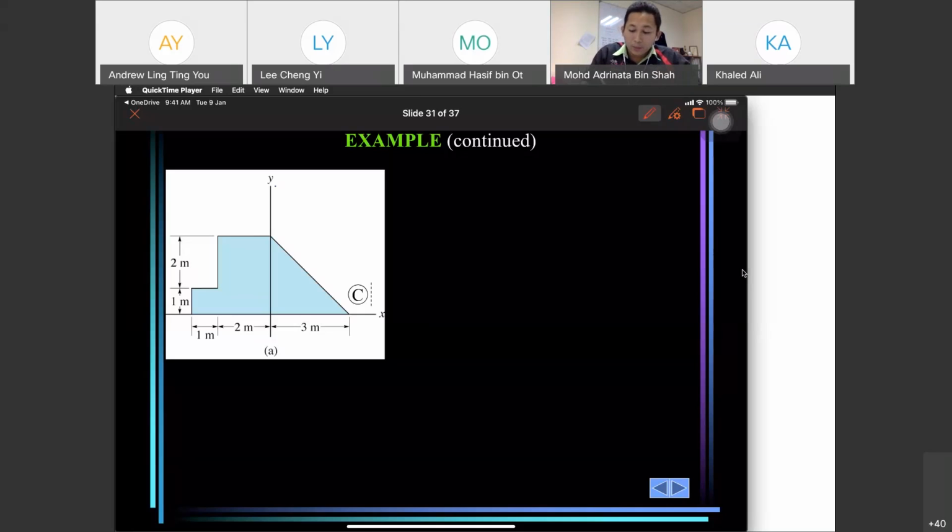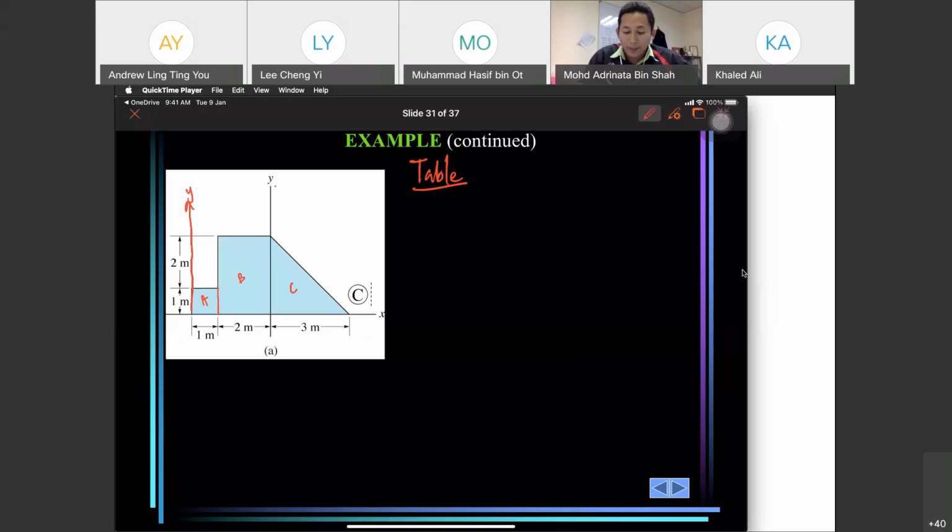Okay, now we need to make up a table for our A, X bar, and Y bar. First we need to divide our components into three components. So this is A, this is B, this is C, because we move our Y bar.